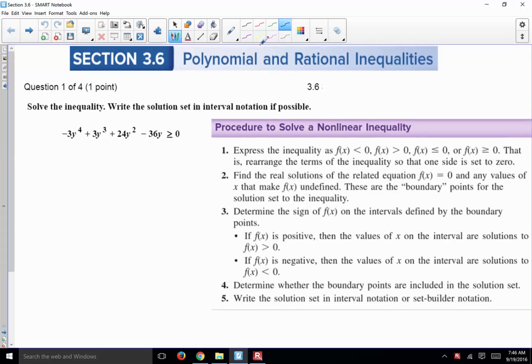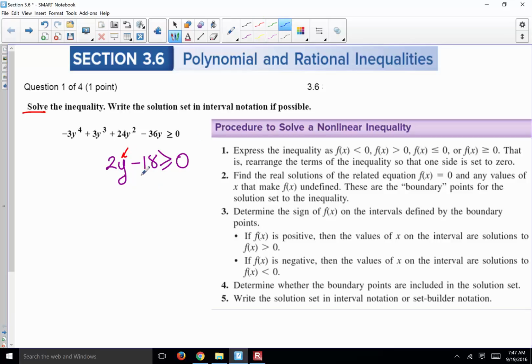Okay, so I want to compare what's new in this section to what you already know from past sections. You know how to solve this, right? 2y minus 18 greater or equal 0. Solve means isolate y. If you only have a single y, no powers, it's degree 1, the exponent is simply 1.